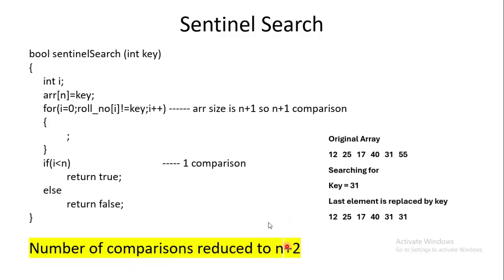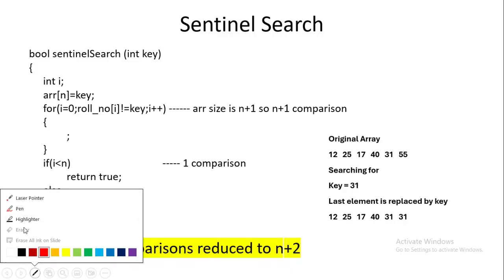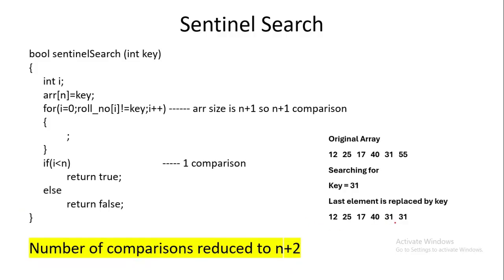If you see this example, the array contains the elements 12, 25, 17, 40, 31, and 55, and the element to be searched is 31. So we append this 31 to the array. Sorry, there is one mistake over here: between 40 and this 31, there is a 55.